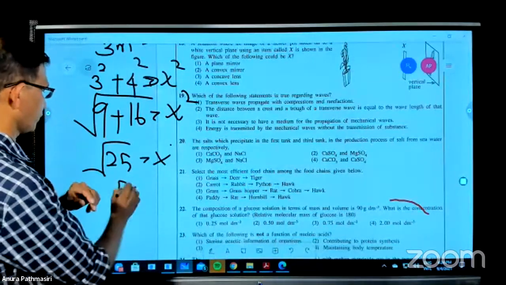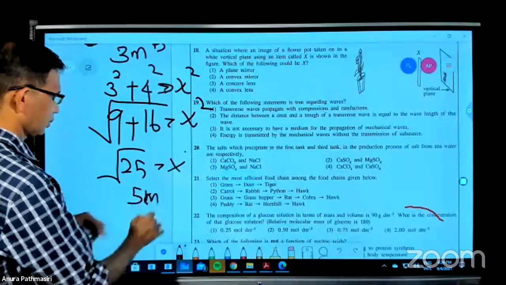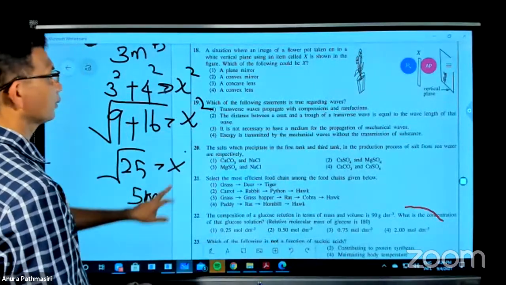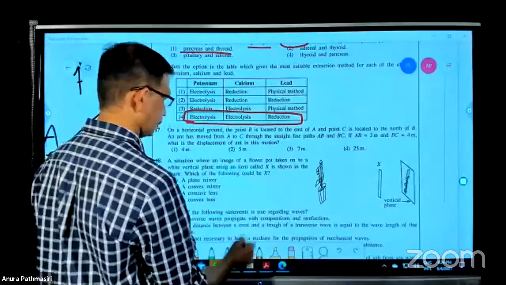Meters. 5 meters. So the correct answer is 5 meters.